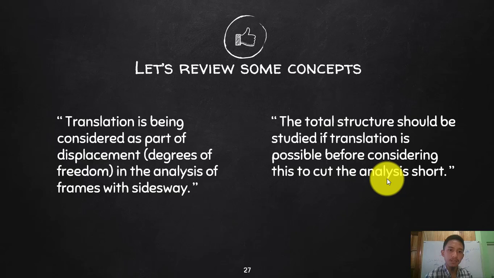So that you will not be wasting time and having a very, very long solution, it is always better for you to analyze if that is sidesway or without sidesway. So that if that is a frame without sidesway, then your solution will just be shorter. Okay? So that is analysis of frames using slope deflection method.